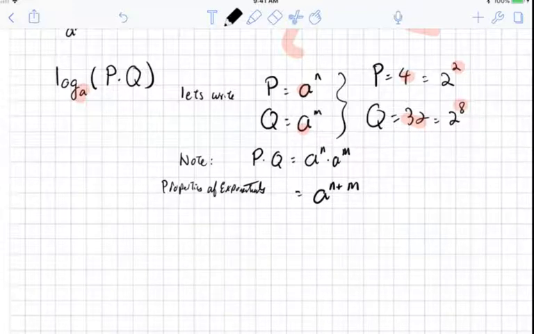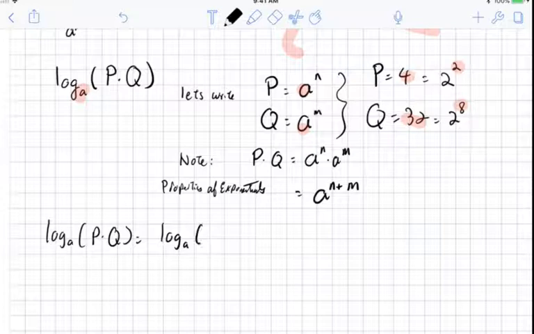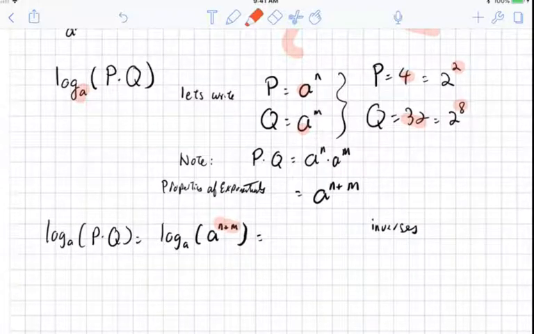And so your log a of p times q, you can just rewrite as log a of a to the n plus m. You know that this is just some constant number. You can bring this out front. Because they are inverses, because they have the same base, this just becomes n plus m.